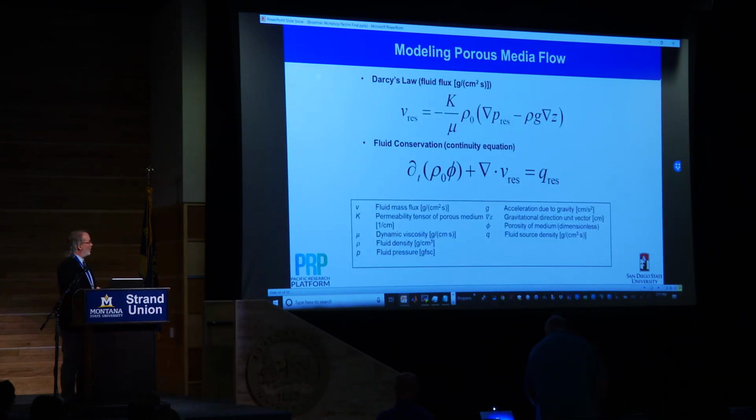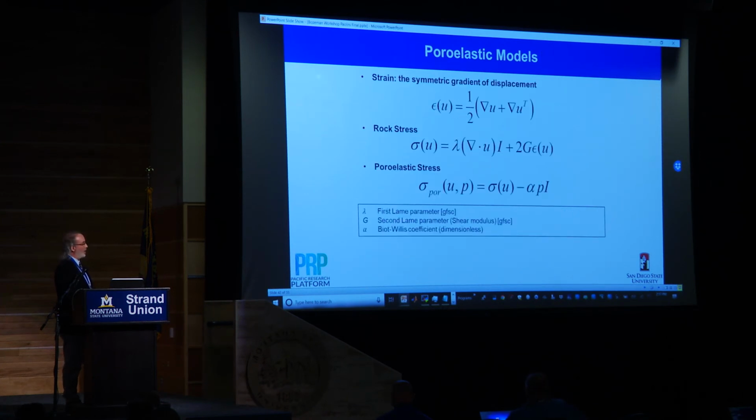Okay. So the code, I'm not going to go through all the models that it solves, but the important ones are it solves the velocity and pressure relationship in a porous media. So it solves Darcy's law with the continuity equation constraint. We have a poroelastic model which simulates rock fracturing.